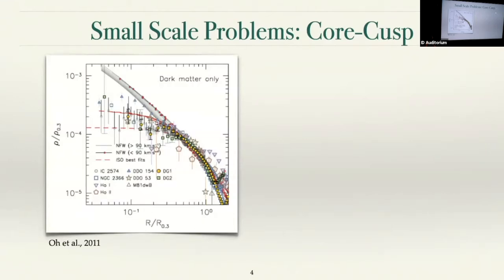So that's dark matter density on the y-axis as a function of radius from the center of the galaxy on the x-axis. And this is data from rotation curves. What you see is that the rotation curves have these flat density profiles, whereas what dark matter only simulations are predicting are these more steep dark matter profiles in the central regions.